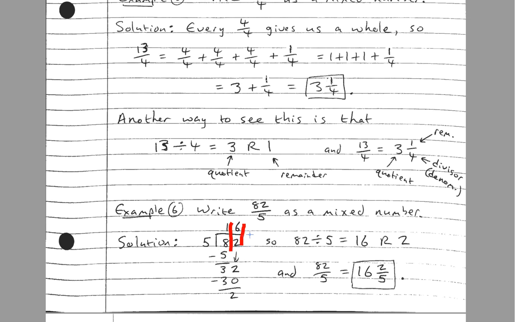But once you have that 6, then you're finished. Then the remainder is that number left over, that 2. In that first homework, people kept going. If you want a decimal, then you keep going, but we don't want a decimal here. We just want that remainder.